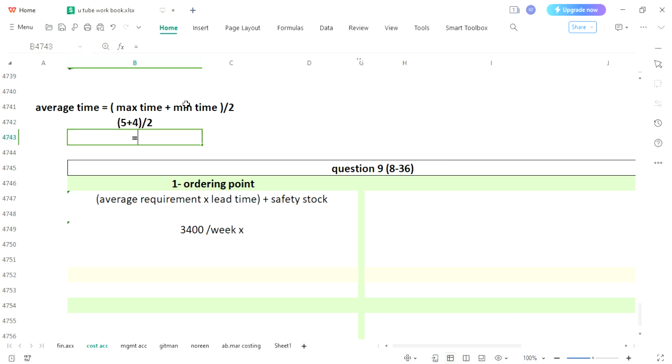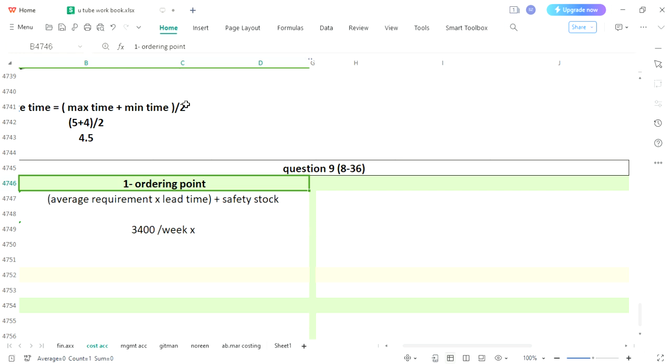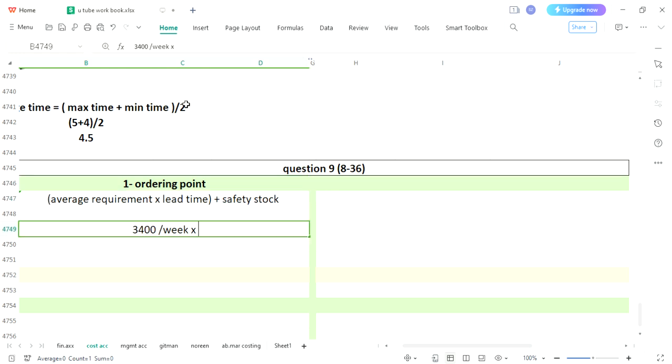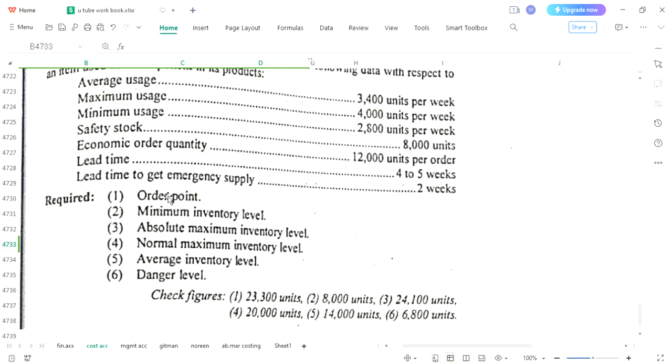Now we can put it on our calculator. 5 plus 4 divided by 2. So 4.5 is your lead time, and here in our question we were requiring lead time. We have to see what unit has been given.